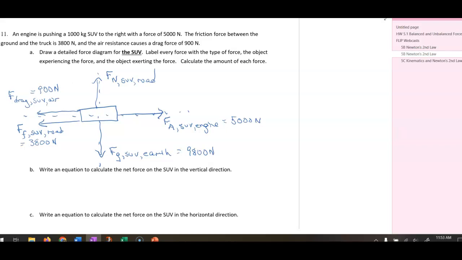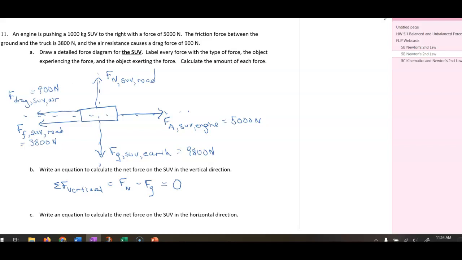And since there are only two forces in the vertical direction, the net force in the vertical direction must be the normal force minus the gravitational force. And in this case, it's going to be 0, right? Because the SUV is not moving in the vertical direction.